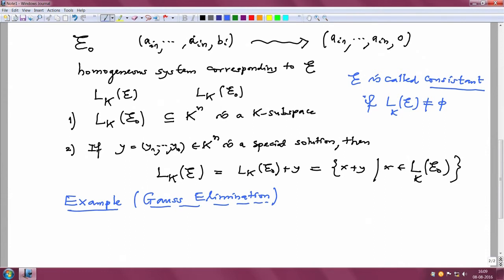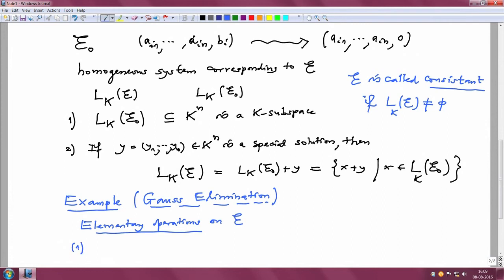Okay, so note that we are going to perform the elementary operations on the system E. What does that mean? That means, there will be three kinds of elementary operations we will perform.